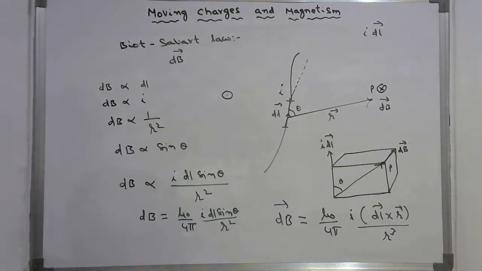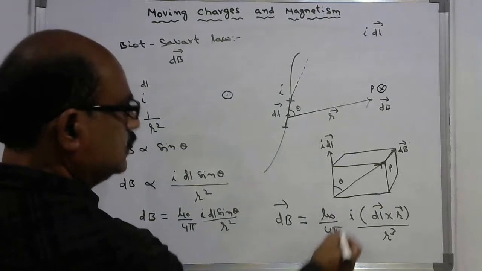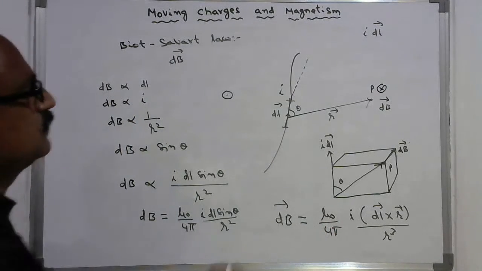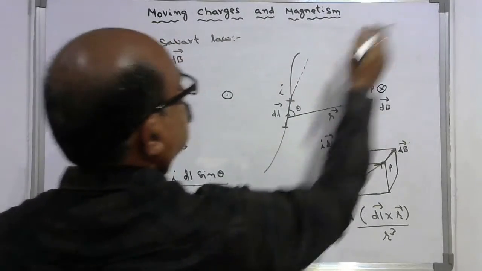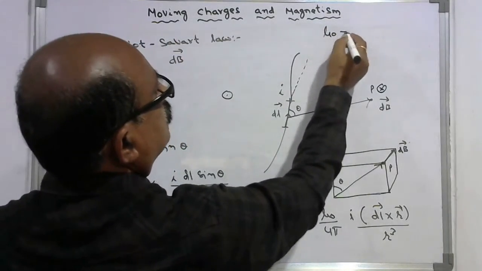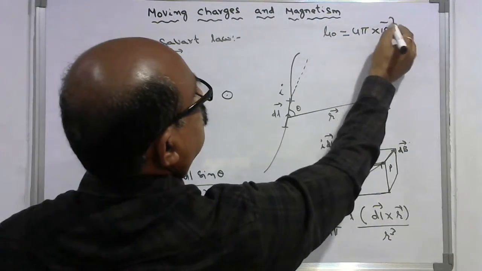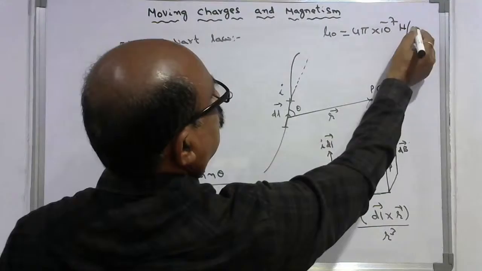So this is in vector form. Then what is the value of this? This mu naught is the permeability of free space. So mu naught is equal to 4 pi into 10 power of minus 7 Henry per meter.